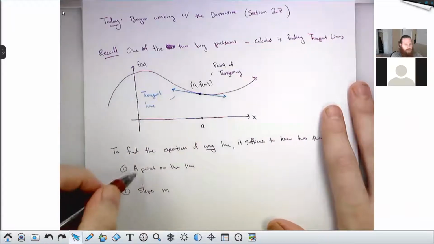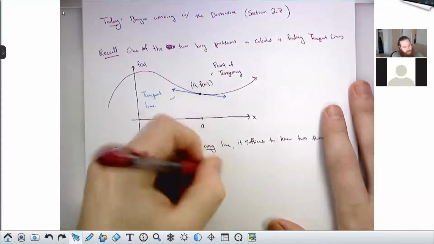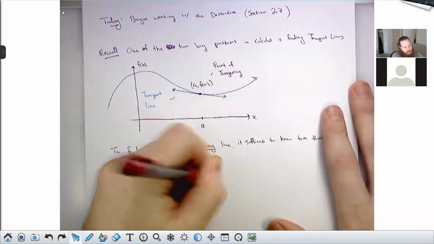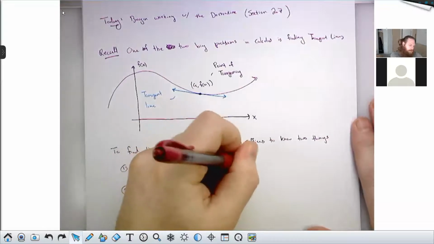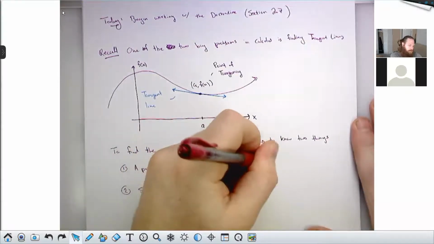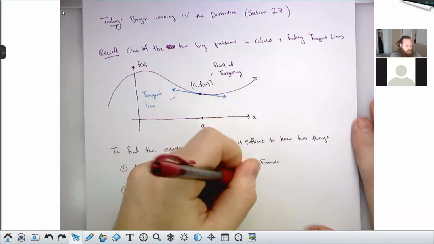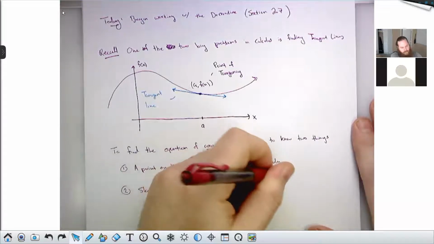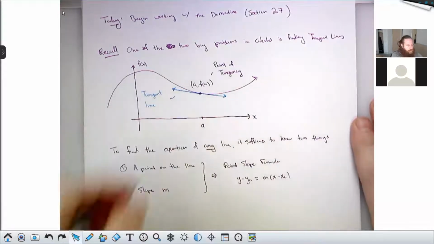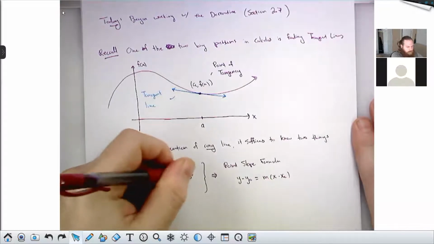If you have any point on the line and the slope of the line, then you can put these things together using the point slope formula, which is y minus y0 equals m times x minus x0, where that point on the line is x0 comma y0.